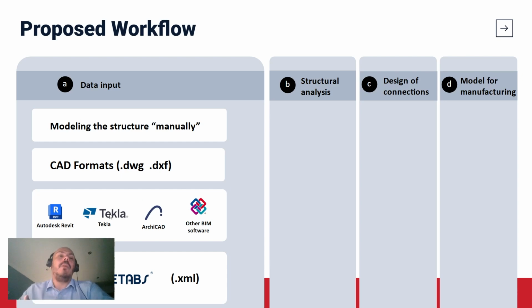So this could also be information that can be used as data input. And there is a fourth situation, that is if your structure is already analyzed with Cype 2000 or ETABS, you can export XML files from these softwares, and then this information can be introduced in the system for different purposes that we'll see in the next steps.